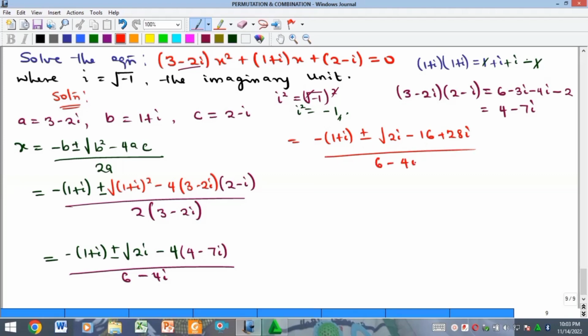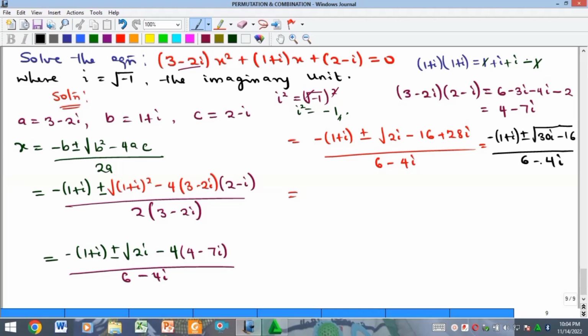From here, we have minus 1 plus i, plus or minus the square root of: 2i plus 28i is 30i, then minus 16, all over 6 minus 4i.